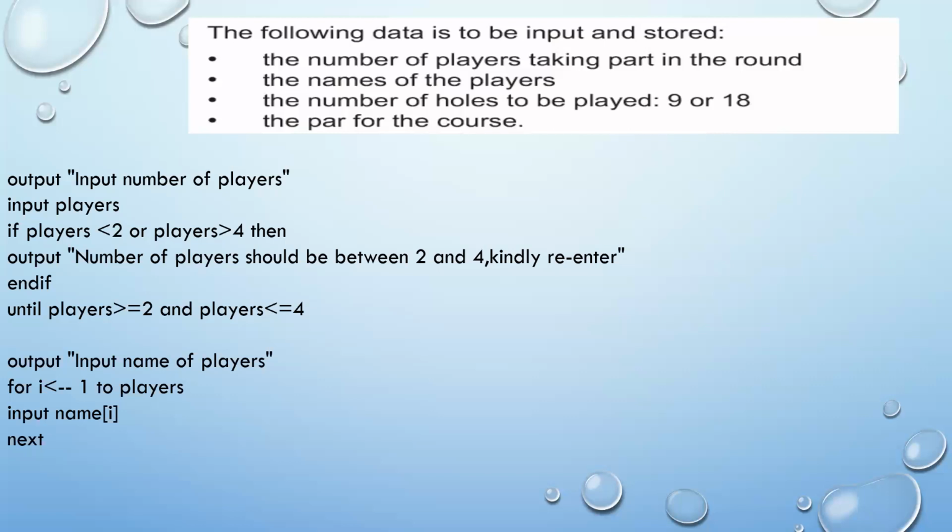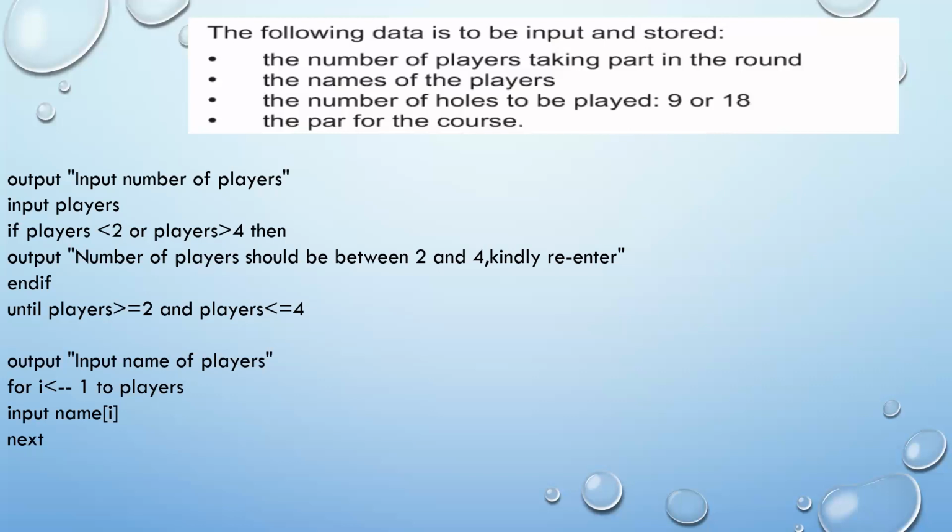So the next part, the if statement, is the validation check. It's a range check where any entry below 2 or above 4 will not be accepted, because the question mentions that there has to be a minimum of 2 players and a maximum of 4. So anything less than 2 or above 4 is invalid.